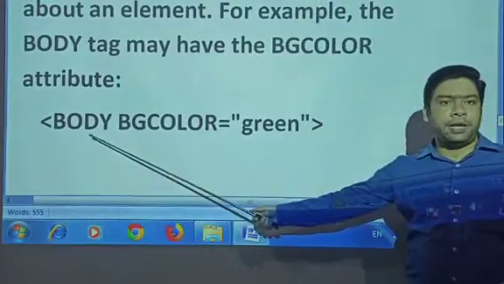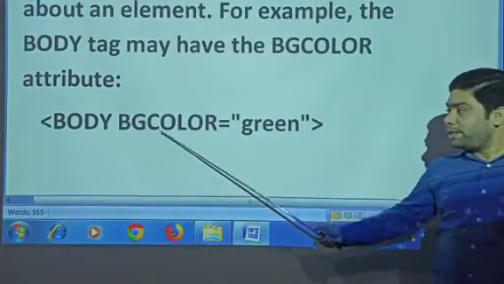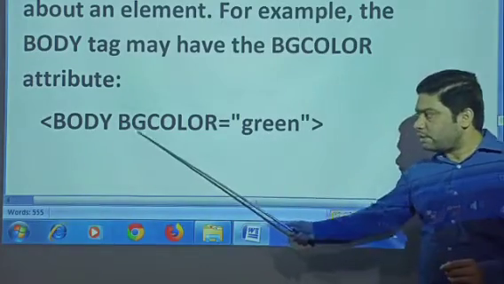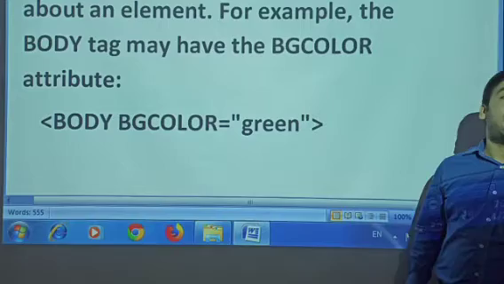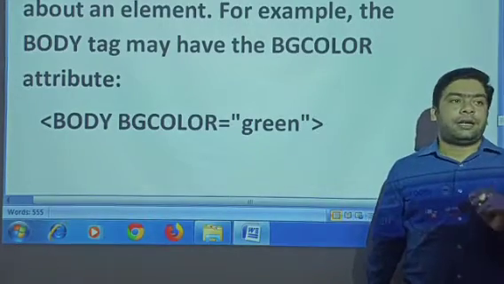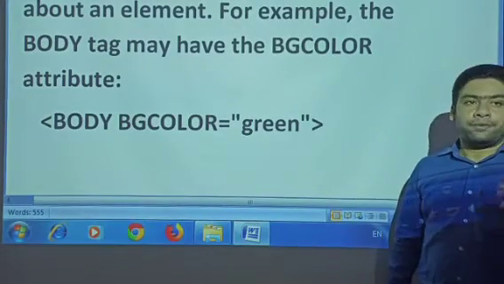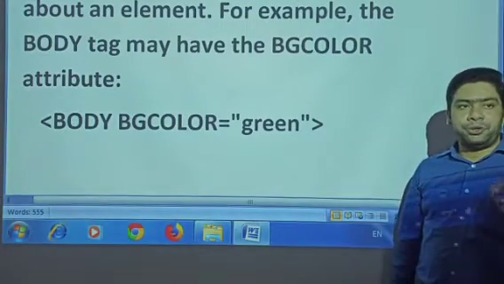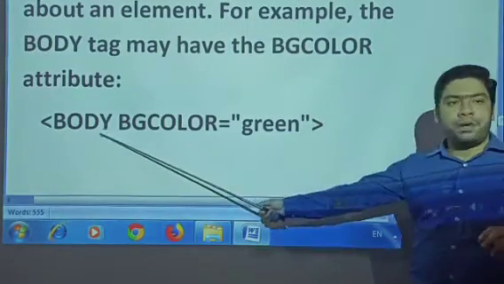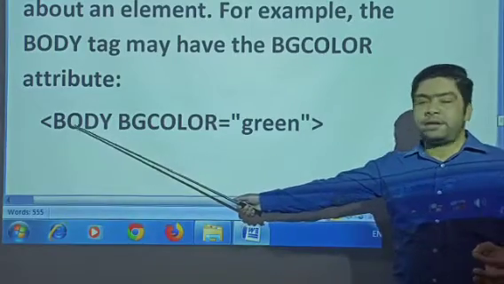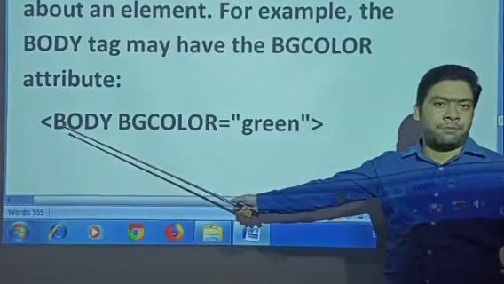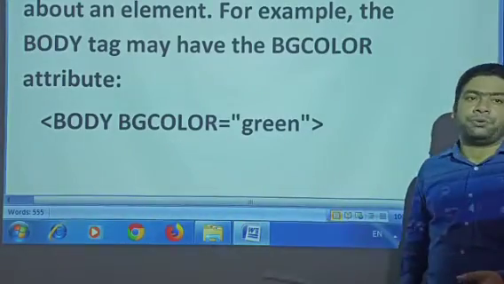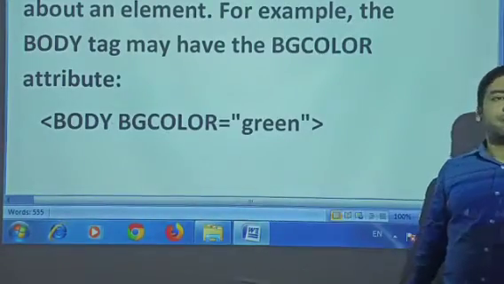Here, body is the main tag, while BGCOLOR equals green is the attribute of it. That means the extra options of a particular tag are called HTML attributes. So this is an example of an HTML attribute. Body is the example of a tag, while BGCOLOR equals green is the example of an attribute. That's why it's called an HTML attribute.